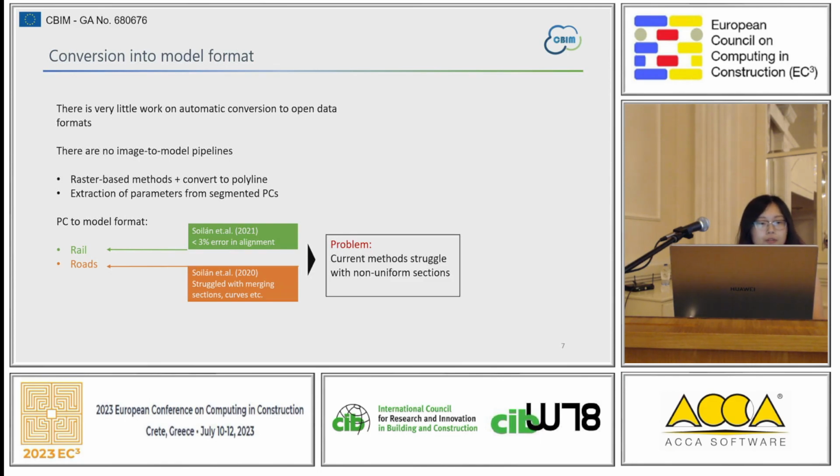One work I want to highlight is the work by Soilan, I don't know if I'm pronouncing that right, that did this for both rail and roads, but from LiDAR. And what was found here, and what was found across everything, is that the current methods, when applied to rail, work a lot better than applied to road, and that's because rail is a lot more uniform.